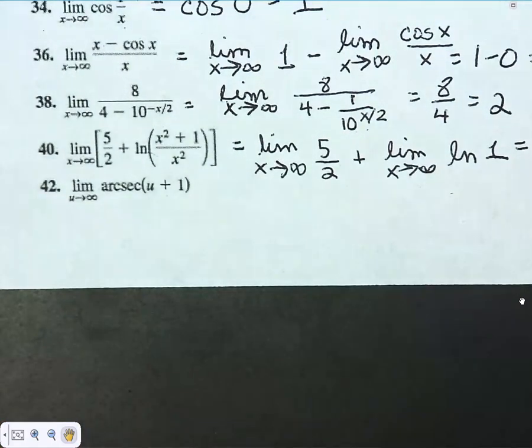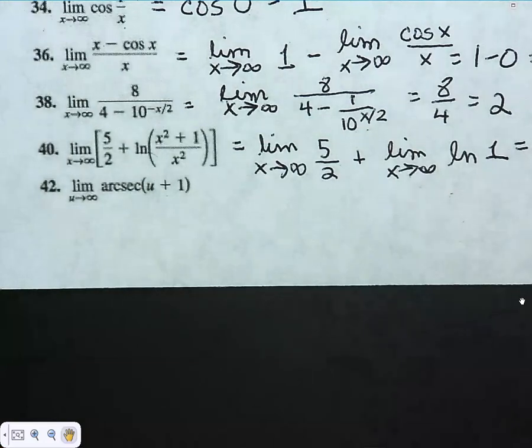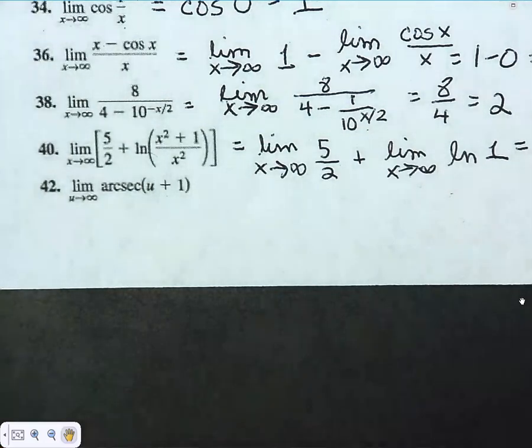What about the limit as x goes to infinity of arcsecant of x plus 1? My brain just about gives out when I get to arcsecant and arccosecant. I can think arc sine, arc cosine, arc tangent pretty well.